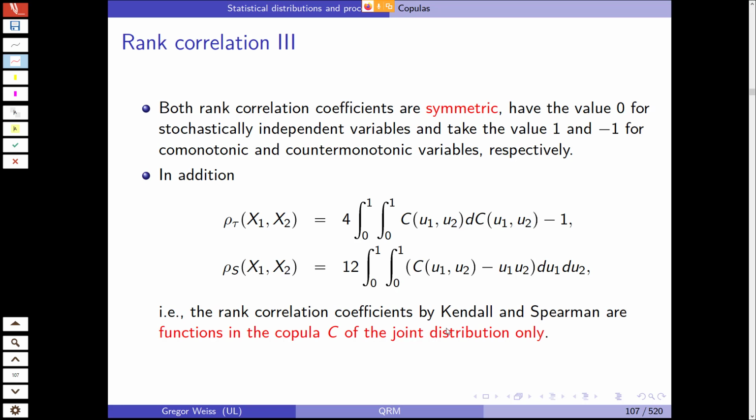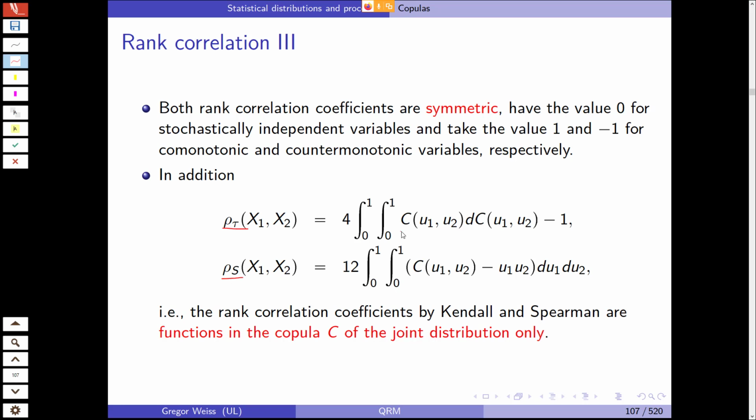And we've already seen with the Fréchet-Hoeffding bounds that counter-monotonicity and comonotonicity is actually what we are looking at when we are looking for measures of the complete dependence structure. In addition, it is very important to see that Kendall's tau and Spearman's rho are actually functions in what?